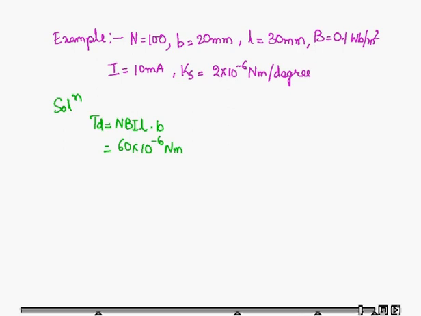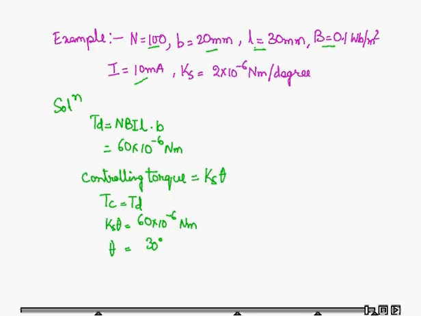So putting the values here, N is given, capital B is given, I is given, L is given, and small b is given. So putting the values, I get this. We know that controlling torque and the deflection torque is same. Controlling torque is given by Ks theta. So Ks is given, spring constant is given, theta is the angle of deflection. So we can calculate theta by using this, and theta comes out to be 30 degree.